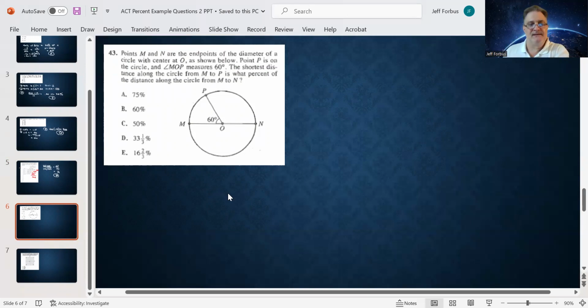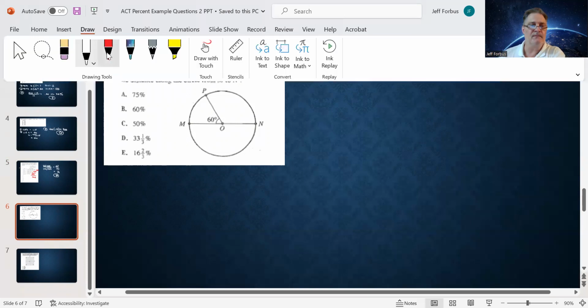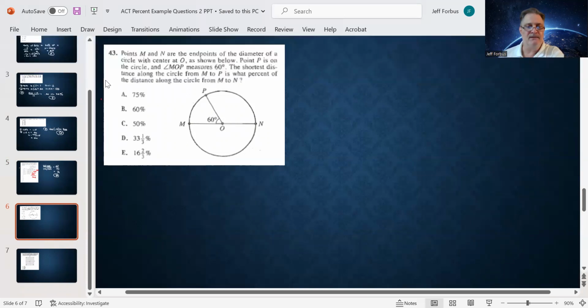The shortest distance along the circle from M to P is what percent of the distance along the circle from M to N? Well, let me get my different color. From M to N all the way around is 180 degrees.